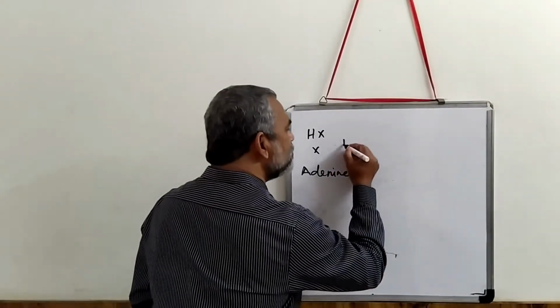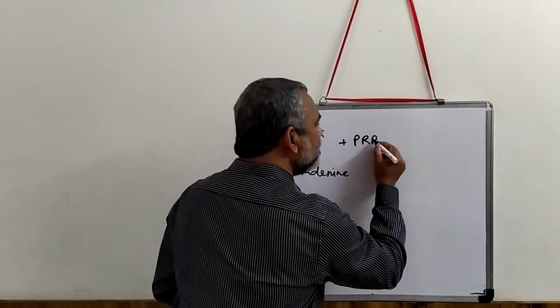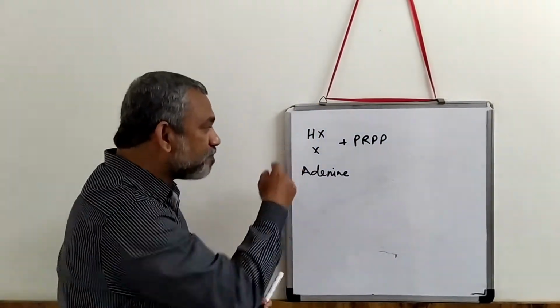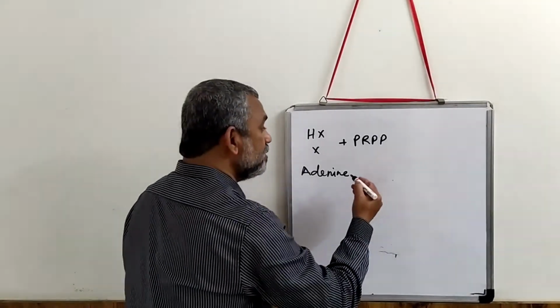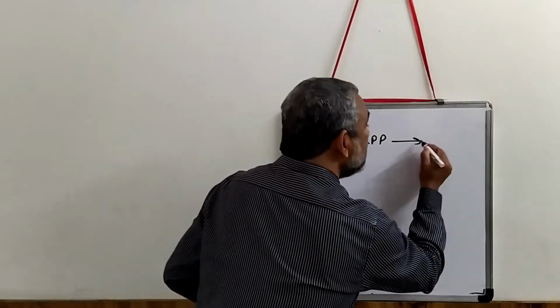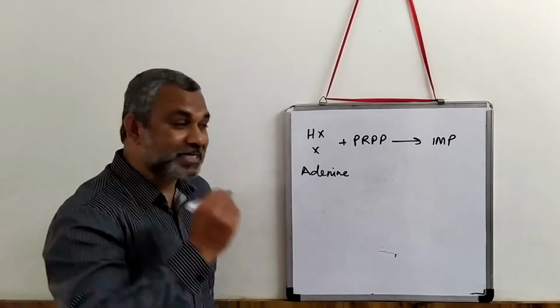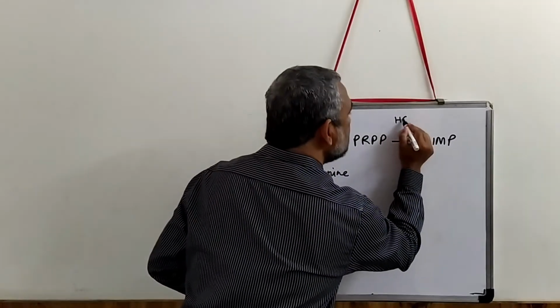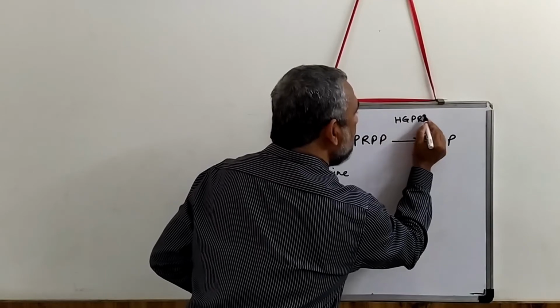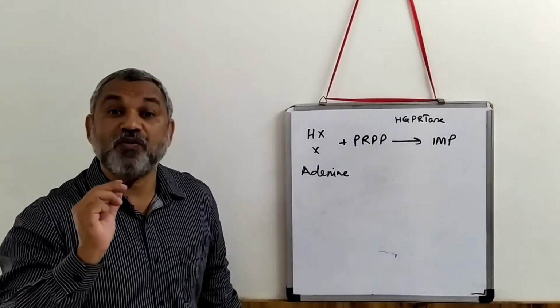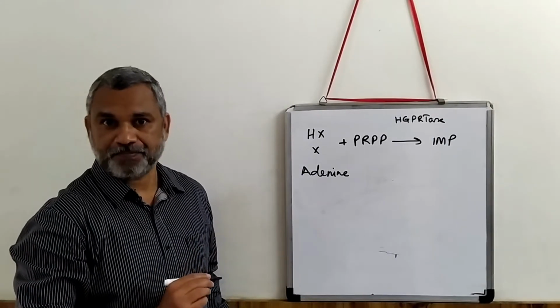What has to be added to all these is PRPP. If you add PRPP to hypoxanthine or xanthine, you will get inosine monophosphate, catalyzed by an enzyme known as HGPRTase, hypoxanthine guanine phosphoribosyl transferase.